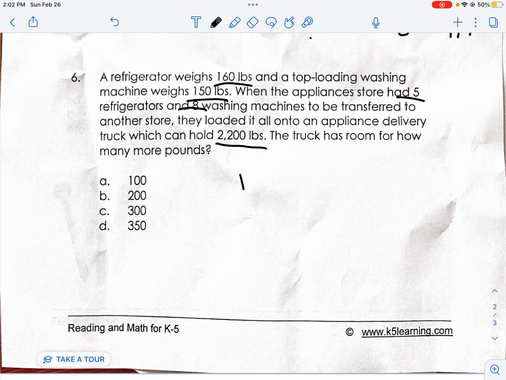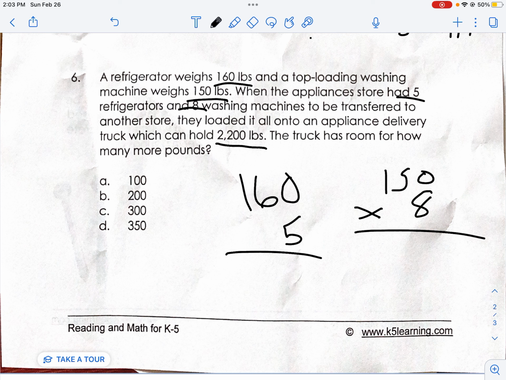So this one, you have 160 for the refrigerator, I'm sorry, and there are 5 of those. And then you have 150 for the washing machine, and there's 8 of those. So you need to multiply all those together to get your new total. So 5 times 0, 0. 5 times 6 is 30.